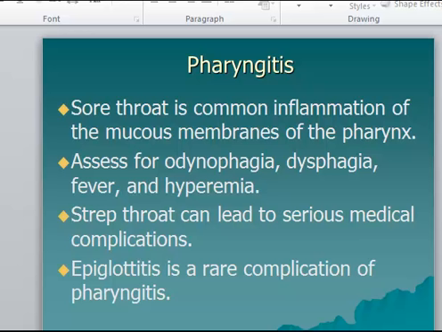Usually there are a lot of false negative cultures that can occur, and it's important to know that, and know that it usually takes 24 to 48 hours to get the cultures back. There is a certain way that you need to get that throat culture.